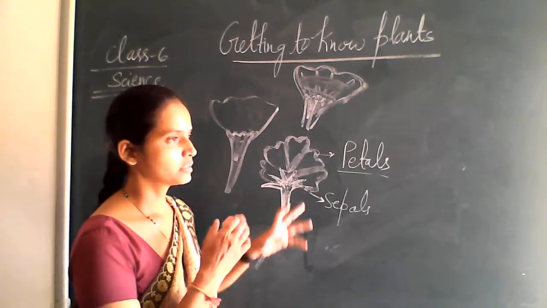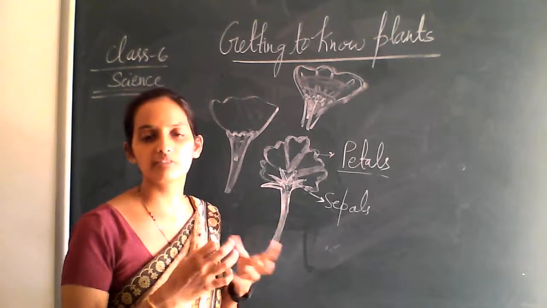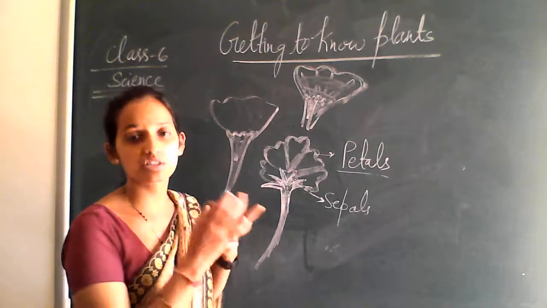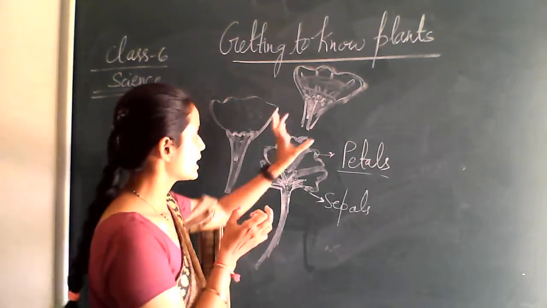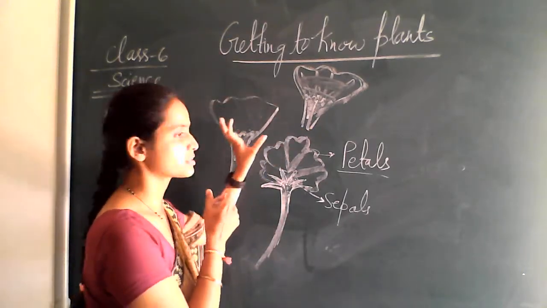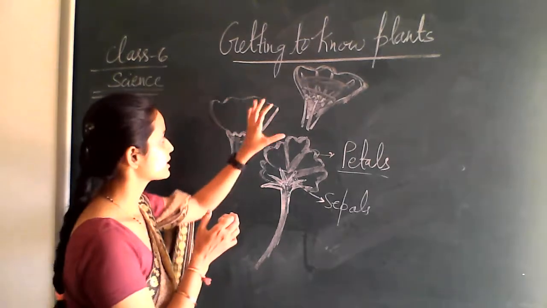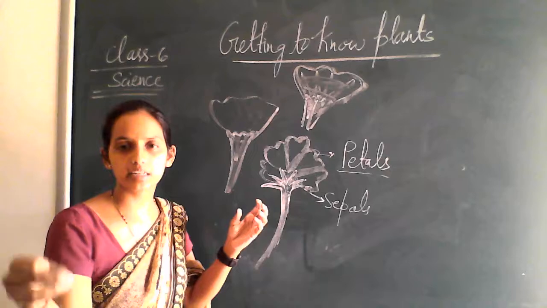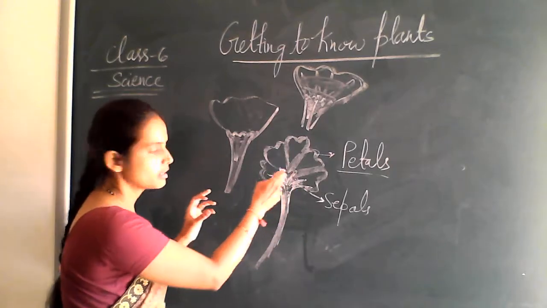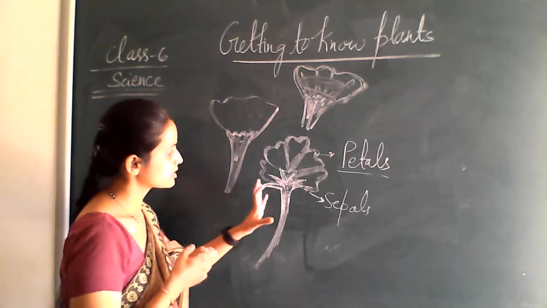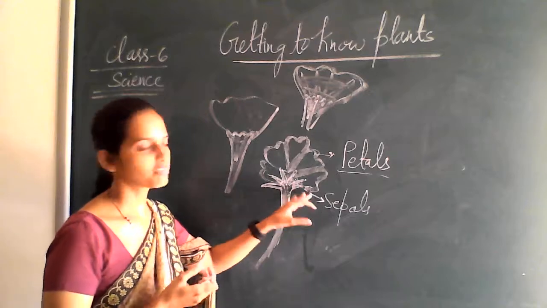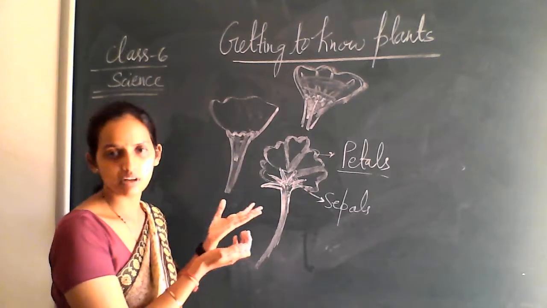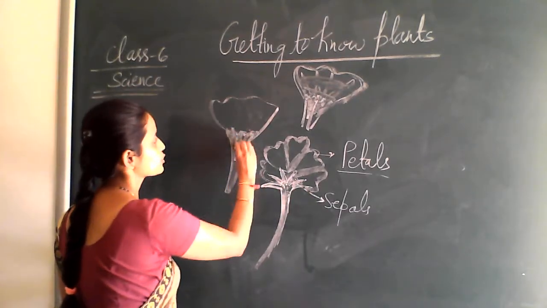Different plants have different structures of flower arrangement. Like in this bell-like structure of the flower where petals are joined together, right? We cannot separate individual petals like in this plant, right? And same thing, even if sepals are separated in one flower, they can be joined in another flower, right? Here they are joined together.